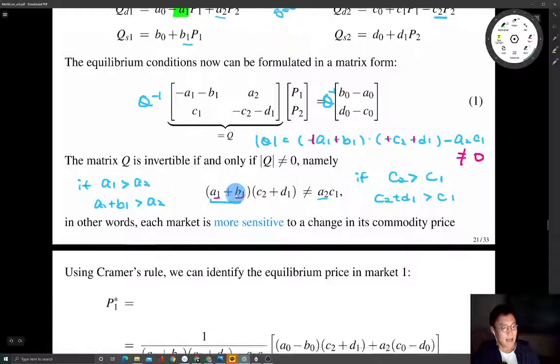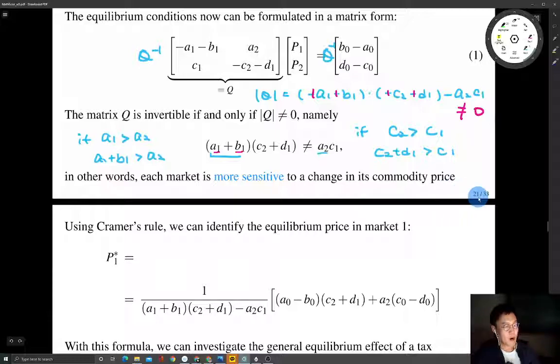All right, and then we are going to look for the equilibrium price of market 1 only. We examine P1 star. So when we look for some particular variable rather than the entire vector, we can rely on Cramer's rule to find the equilibrium price in an easier way.